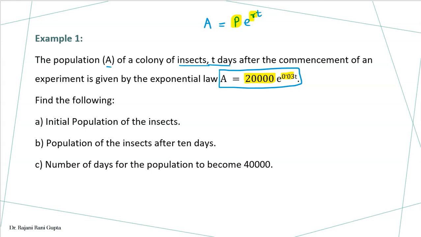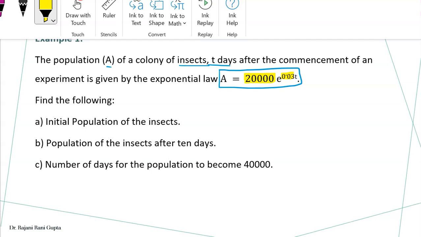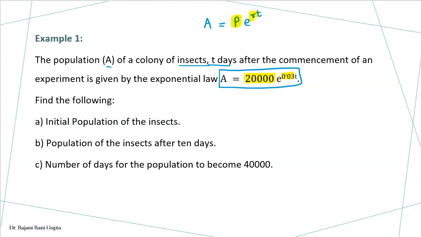So P, the initial population, is 20,000, and r is 0.03. You don't know the final population, and you also don't know the time. The initial value P is known, and the rate at which it is growing is also given.